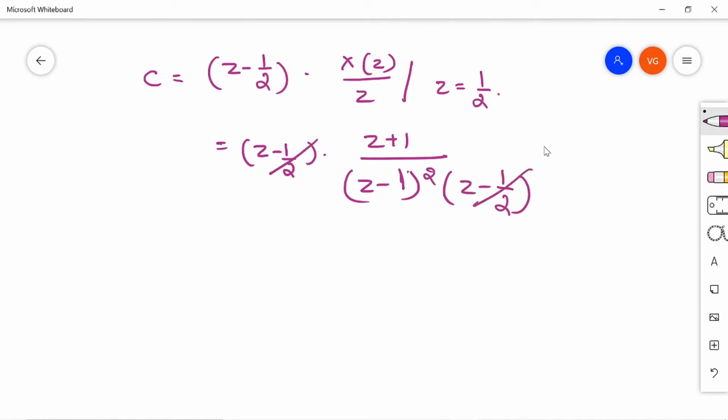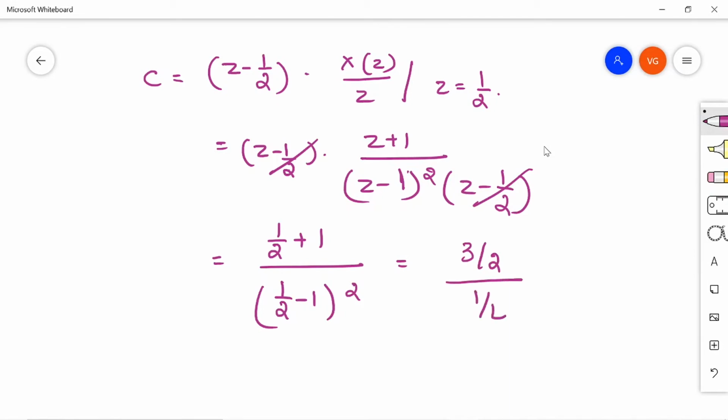So this (z - 1/2) will get cancelled. Now in the remaining term, put z is equal to 1/2. (1/2 + 1) divided by (1/2 - 1) whole square. So the numerator is 3/2, the denominator is 1/4. So this I'll get as 3/2 into 4. So this will be 6. So the value of C is 6 here.